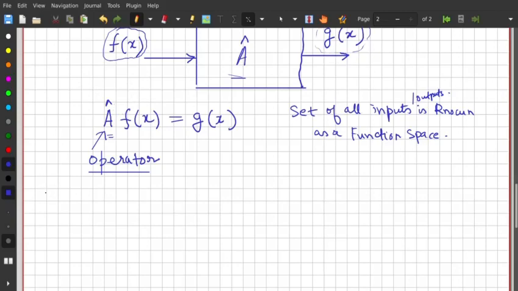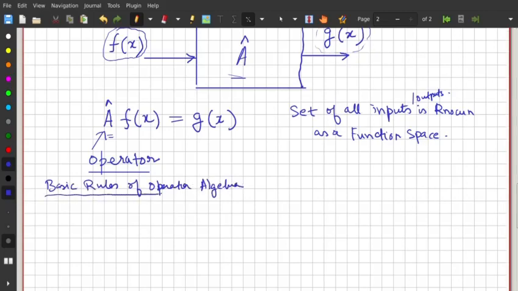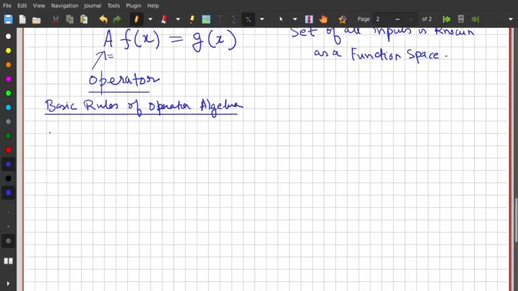So now we will be discussing some basic rules of operator algebra, and I think we will be familiar with these from our previous understanding of thinking about derivatives and integrals as operators.